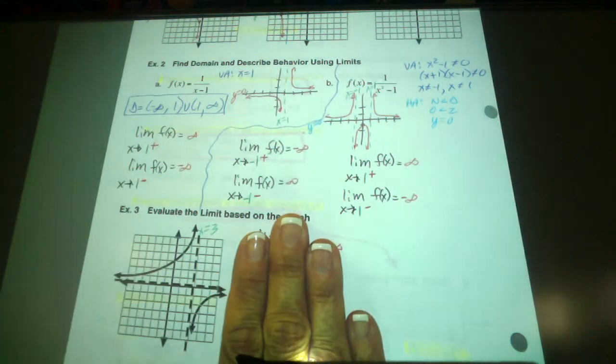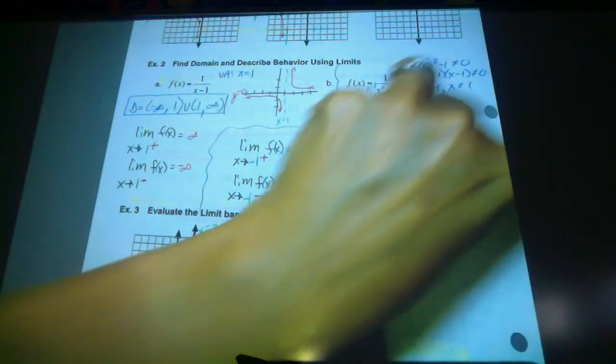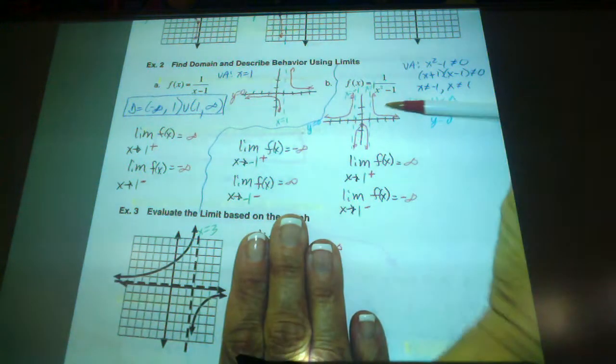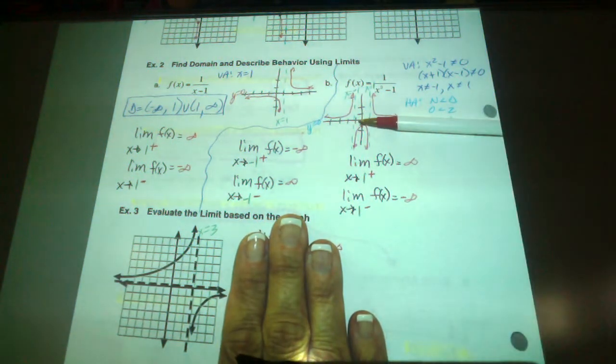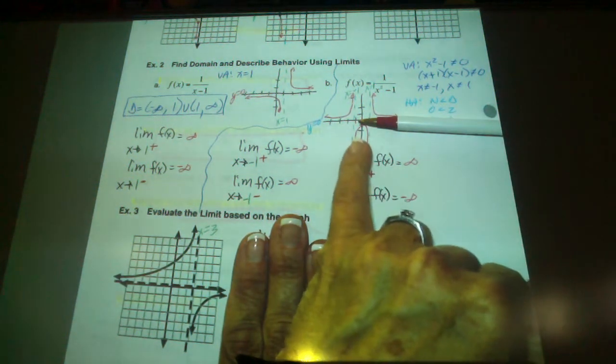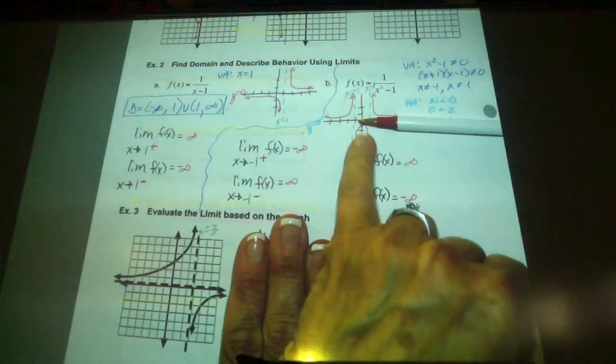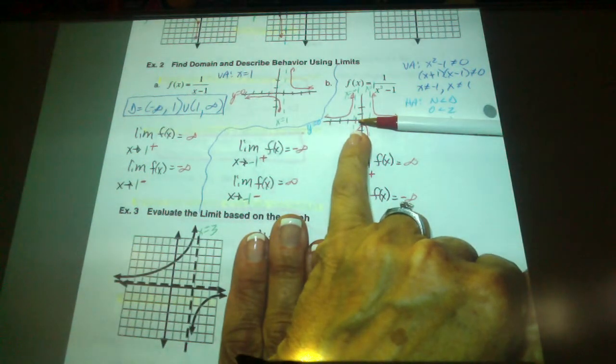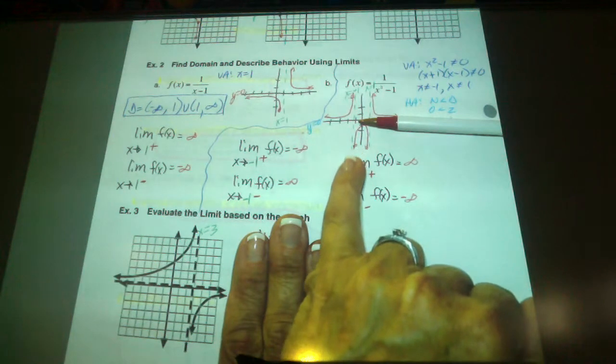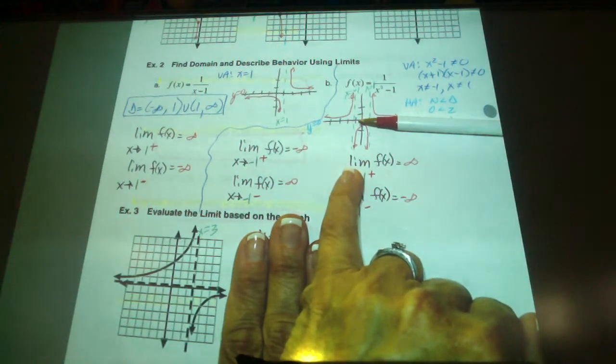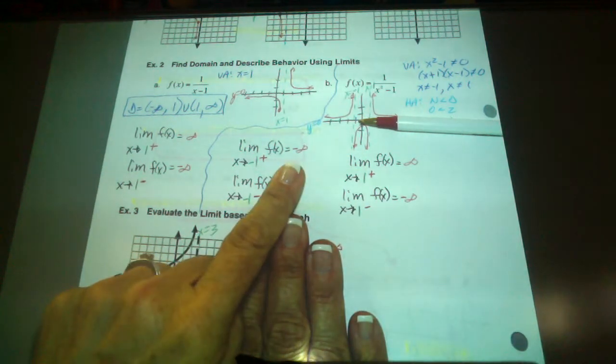As I approach it from the right, I'd be on this part of the graph. As I get closer and closer to the right side of negative 1, it's going further and further. So it's on the left side, so now it's just 5. It's still on the left side.